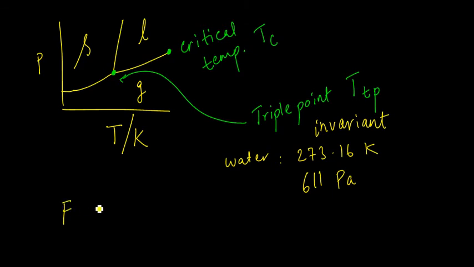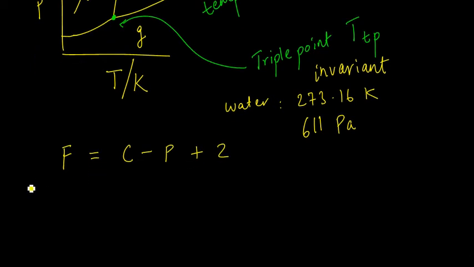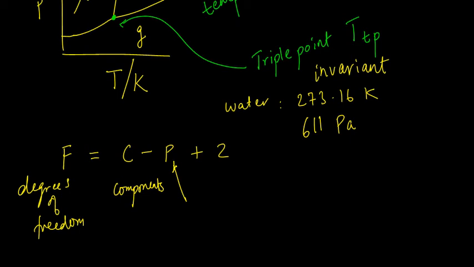F is equal to C minus P plus 2, where F is the degrees of freedom, C is components, P is phases. We'll come to components later. For the moment, we are just dealing with a single component system.